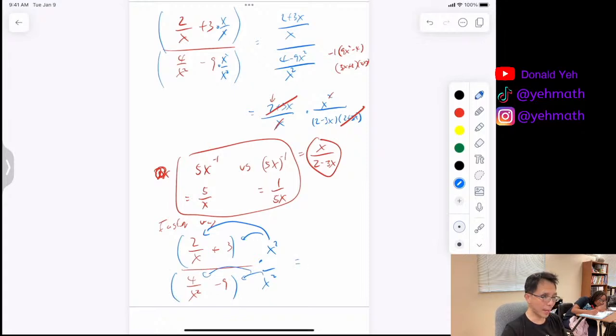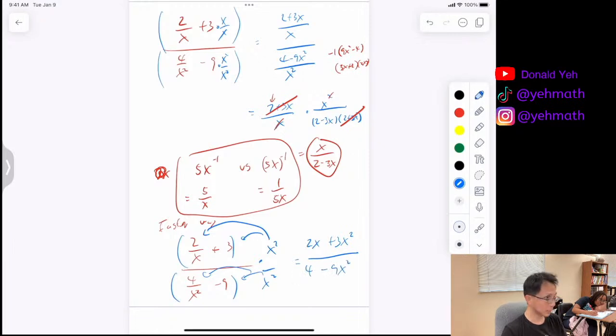The first one, x squared times 2 over x is going to be what? 2 over x times x squared is what? Just 2x, right? Plus 3x squared, right? And on the bottom is going to be 4 minus 9x squared.